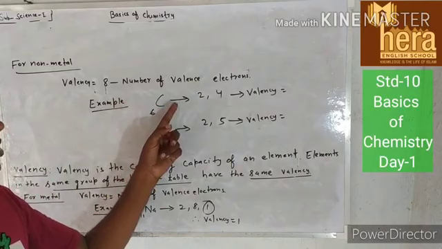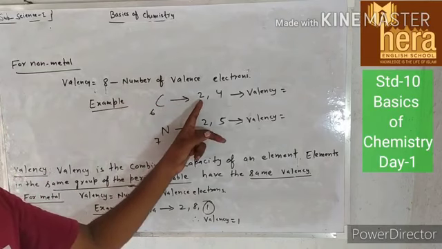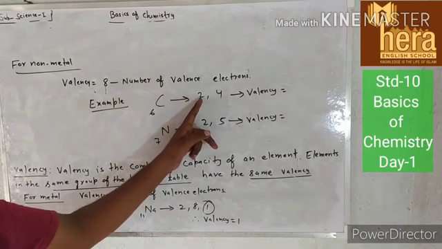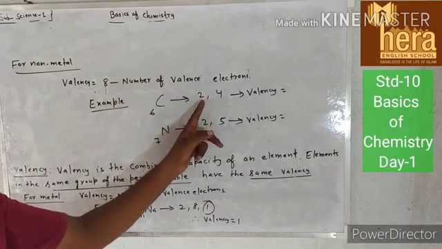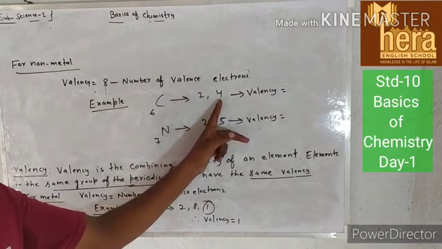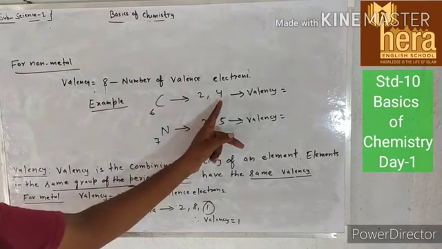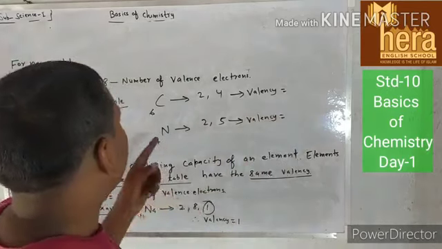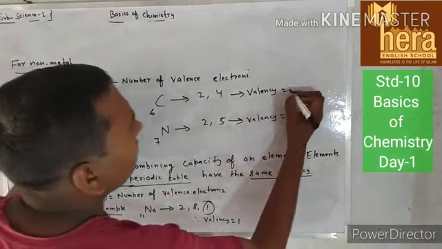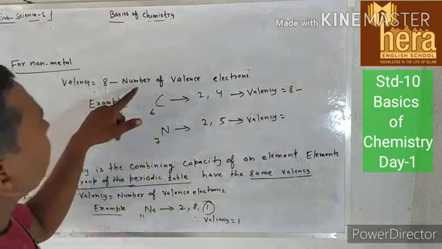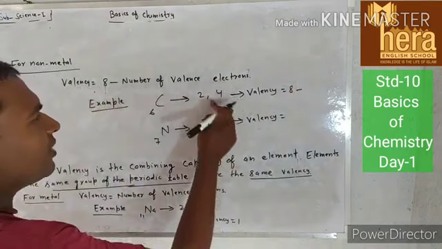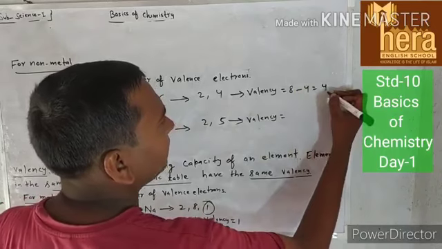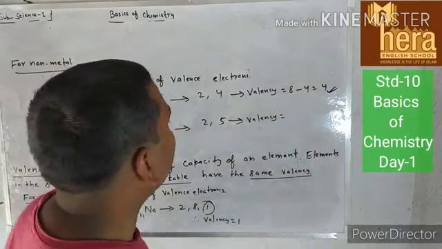If you write the electronic configuration, the first orbit contains 2 electrons and the second orbit has 4 electrons. Since carbon is a non-metal, its valency will be 8 minus the number of valence electrons. Here the valence electrons are 4. 8 minus 4 equals 4. The valency of carbon is 4.